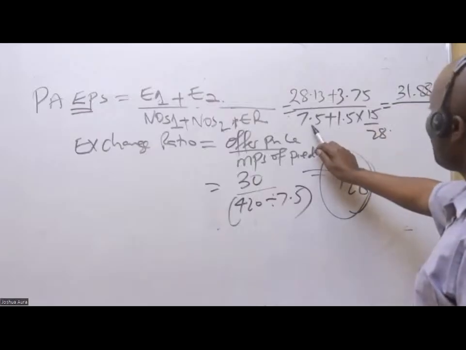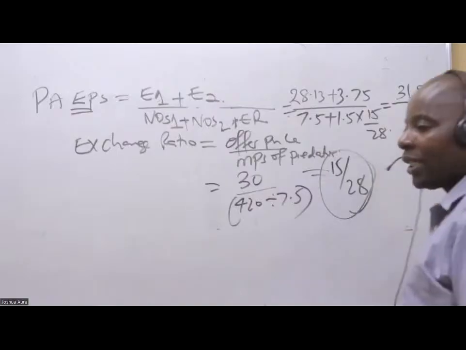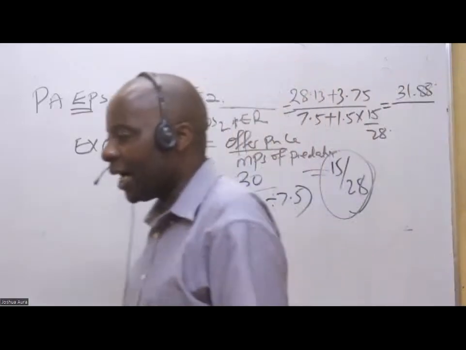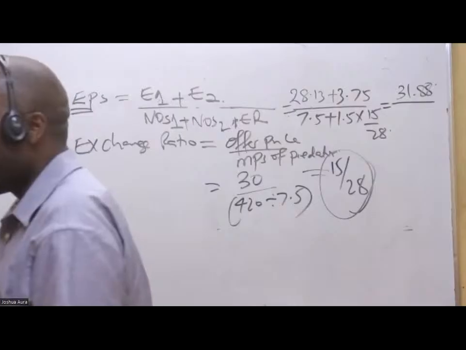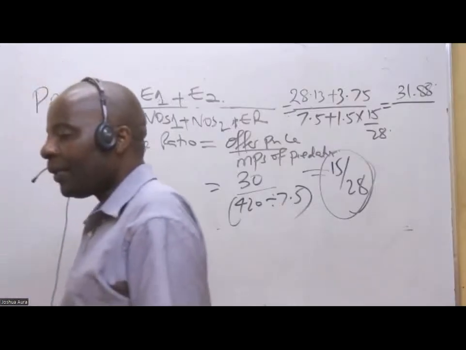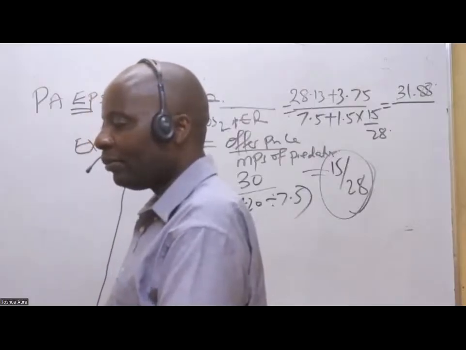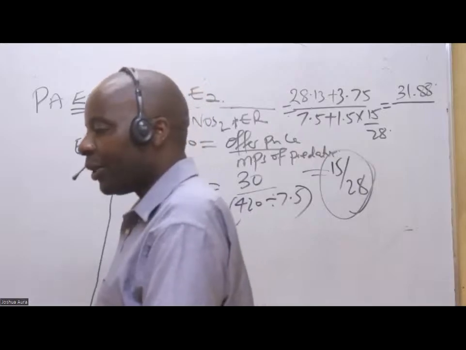How about this 7.5 plus this times 15 over 28? What are we getting there? 4.82.